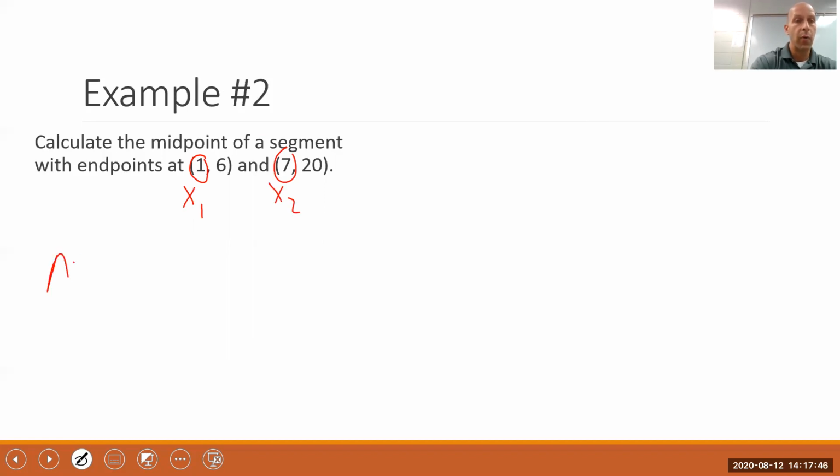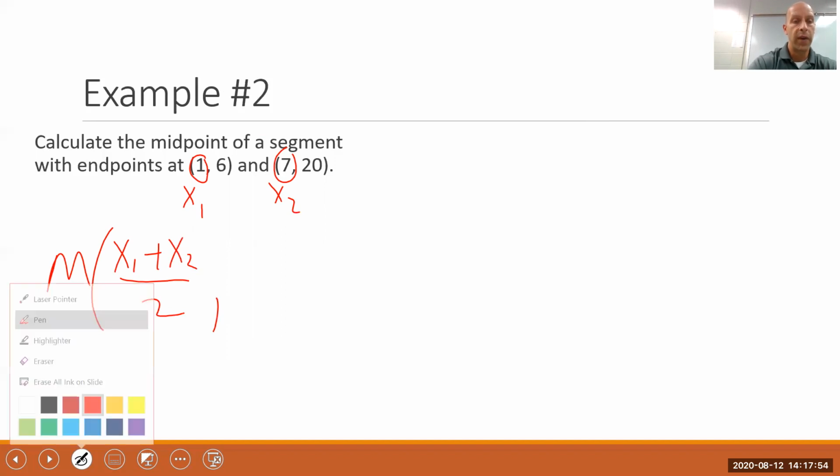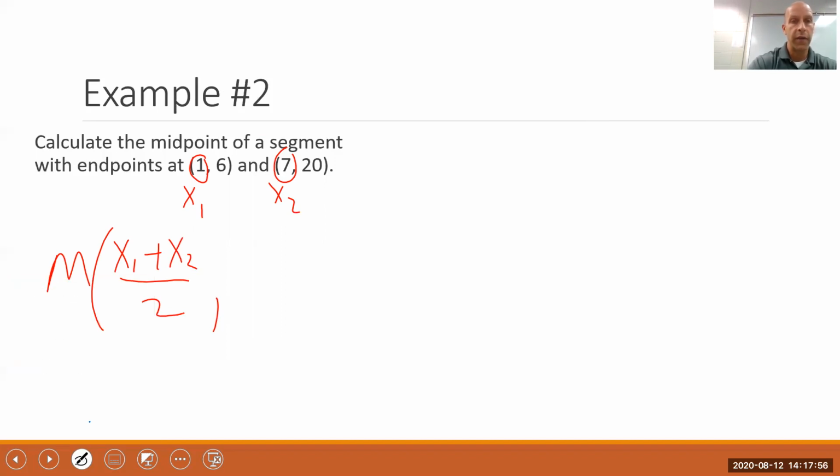To find the midpoint, remember, we're doing x1 plus x2 over 2. Then we've got to find the average of the y coordinates. So that's y1, that's y2. So we're going to do y1 plus y2 all over 2. This is how we're going to get our answer.